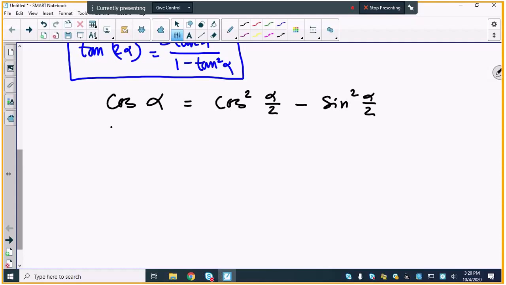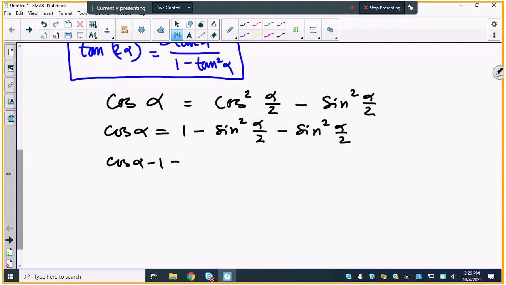So what I do, I write it one more time, cosine alpha. Instead of cosine square, I use the Pythagorean identity and write it as 1 minus sine squared alpha over 2. So that will be an equation in terms of sine square alpha over 2. All we have to do is subtract 1 from both sides. So cosine alpha minus 1 is negative 2 sine square alpha over 2.